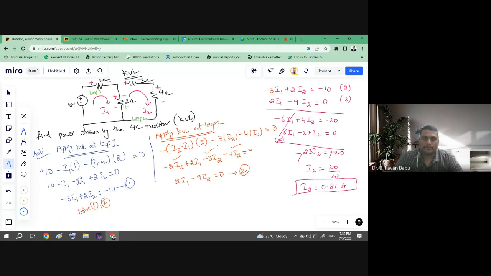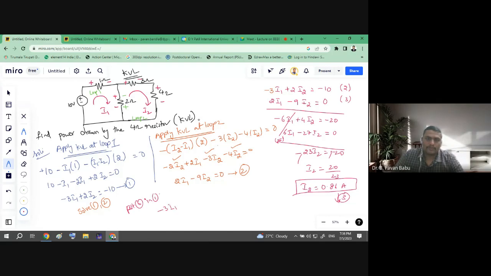So we got I2. The same value we can apply for any of these equations. Okay, so let me substitute in equation 1. Let it be equation 3. So 3 in 1, then what does it become?